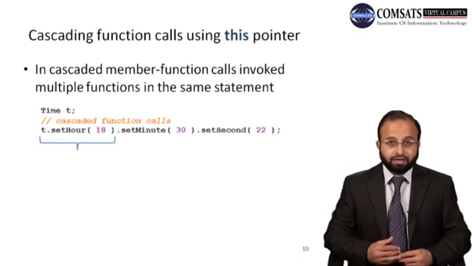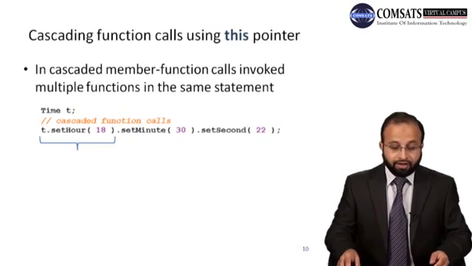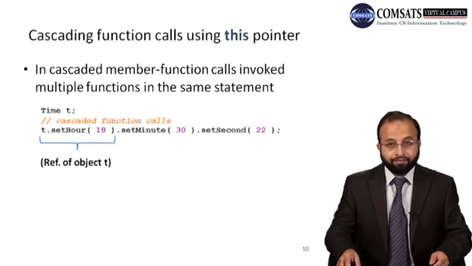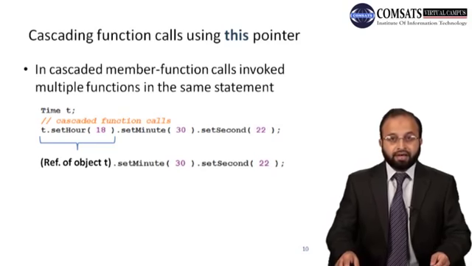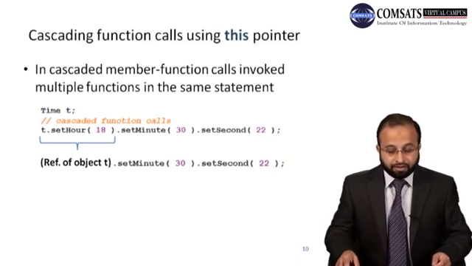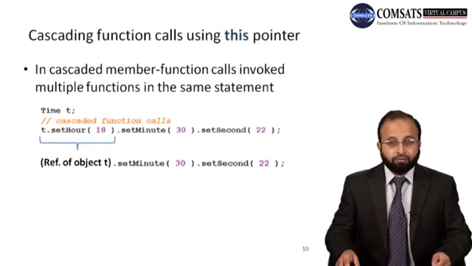So setHour will set the hours of object T, and then it will return the reference of object T. Now using that reference, the other function is called, right? That is setMinute. setMinute is called with the reference of the object T. So it will set the minute of object T.